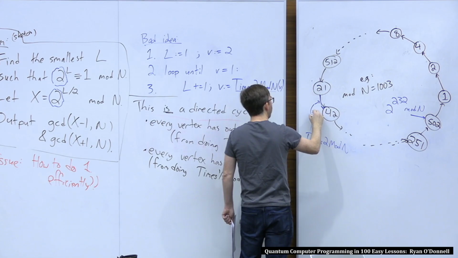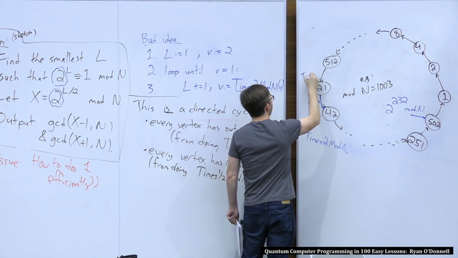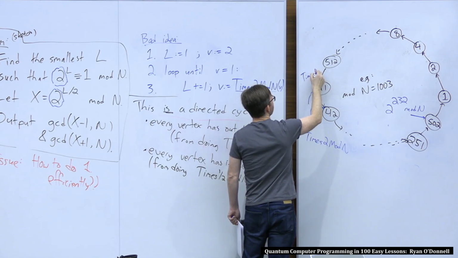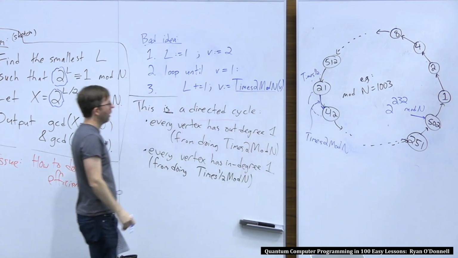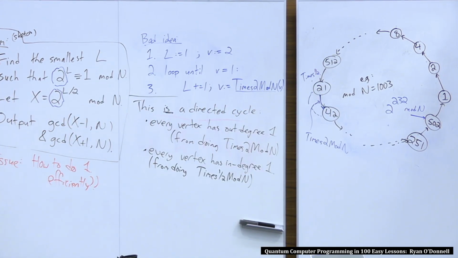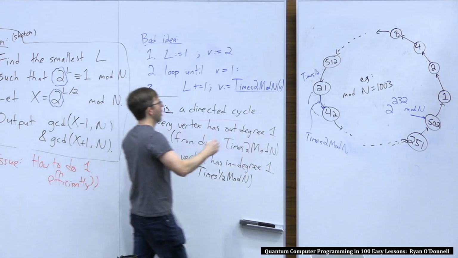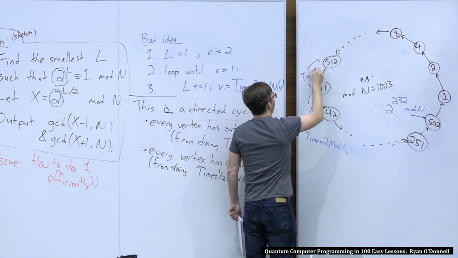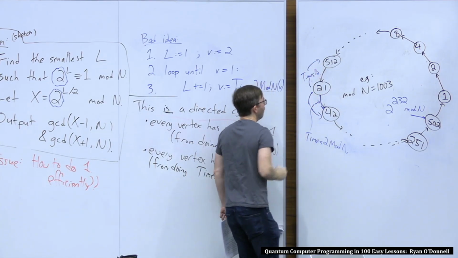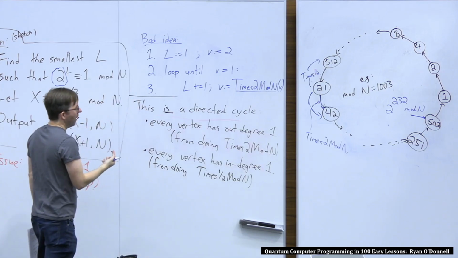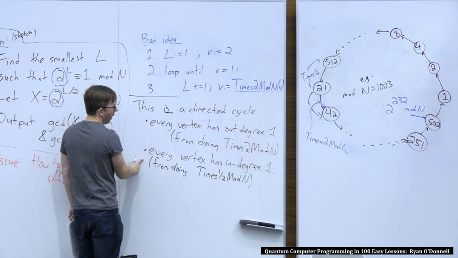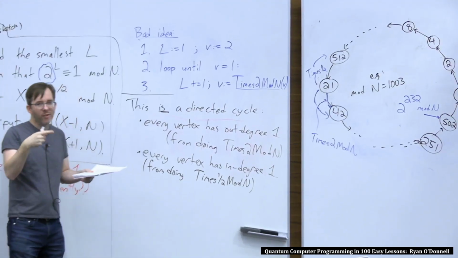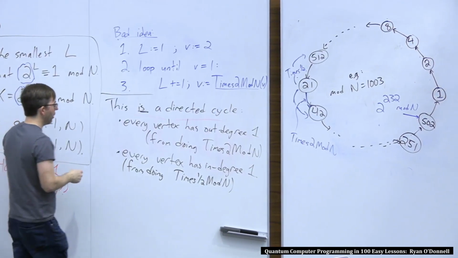And you can also go backwards from every number by doing times a half, or in this specific case, times 502. That's for going back. So if you make this graph, every vertex has out degree 1, every vertex has in degree 1, so the only graph like that is a directed cycle.